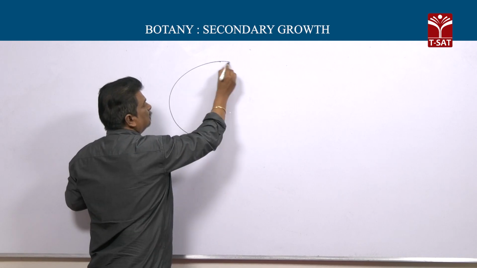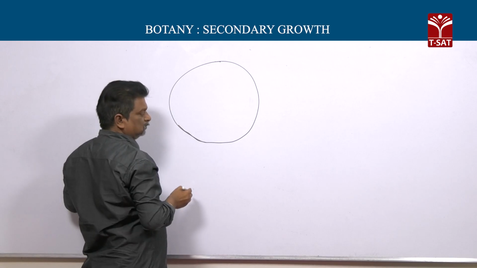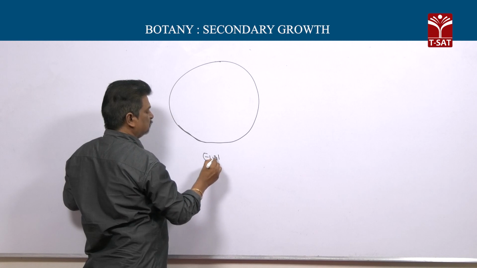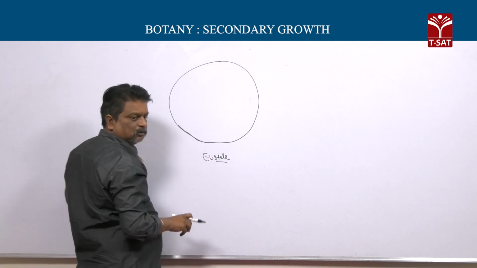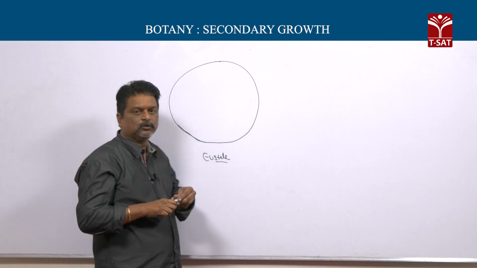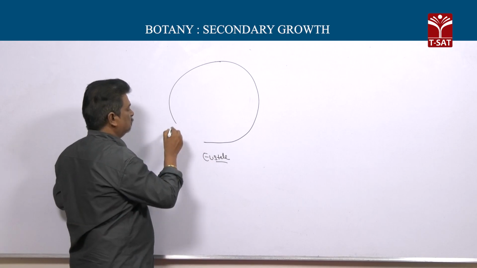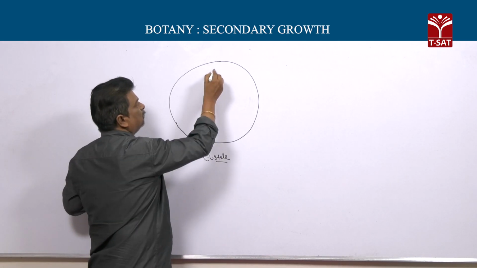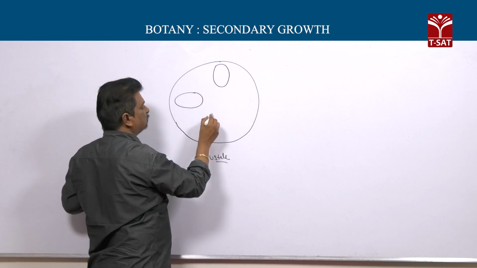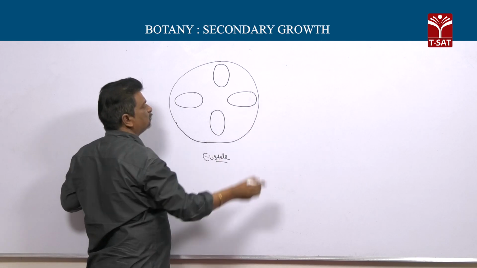First, the stele in a dicot stem is called eustele. Stele in dicot stem is called a eustele. Eustele means ring of vascular bundles. If a ring of vascular bundles is present, it is called eustele.